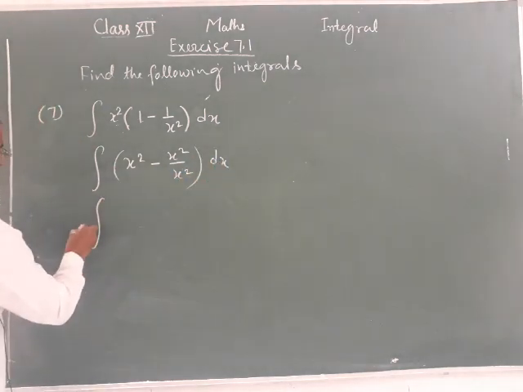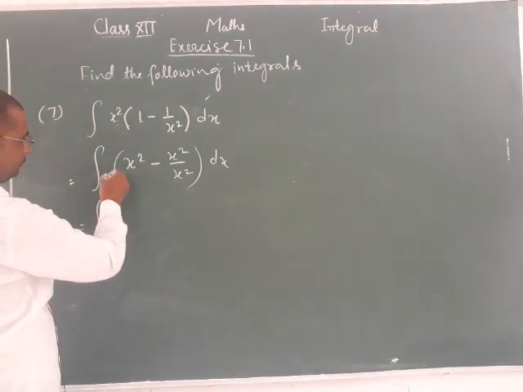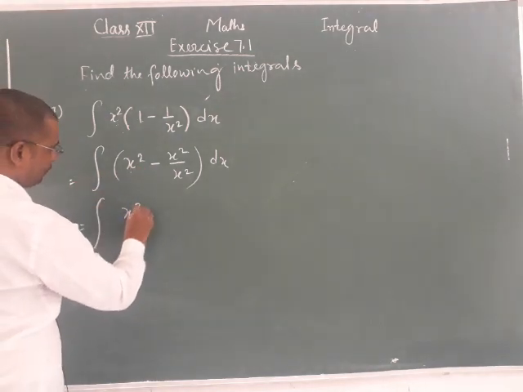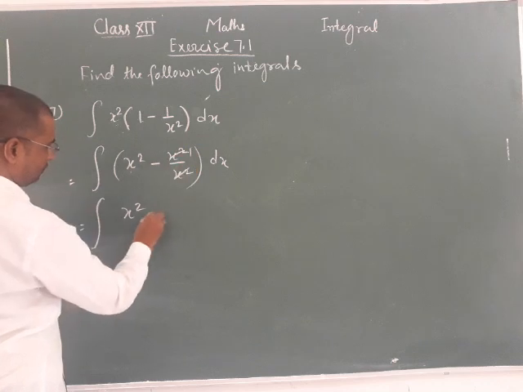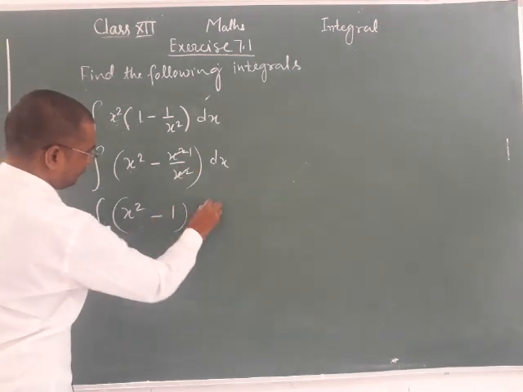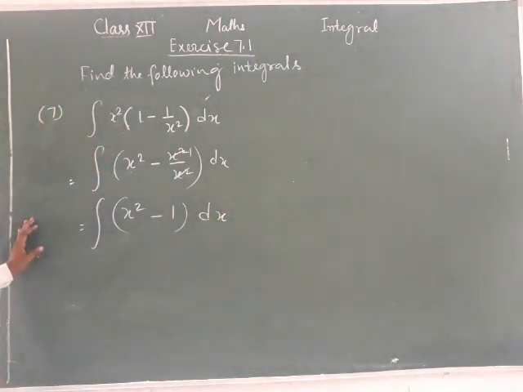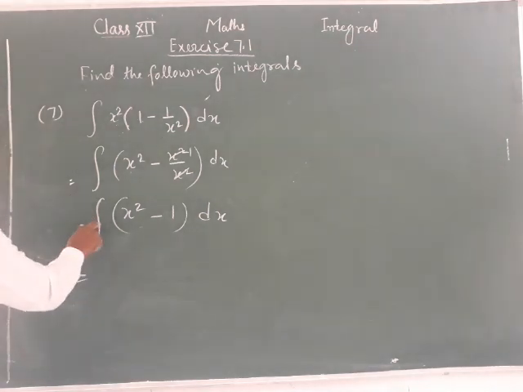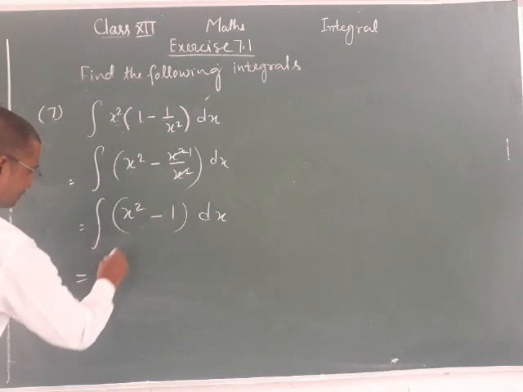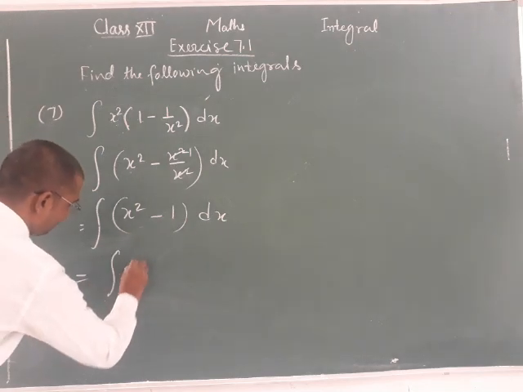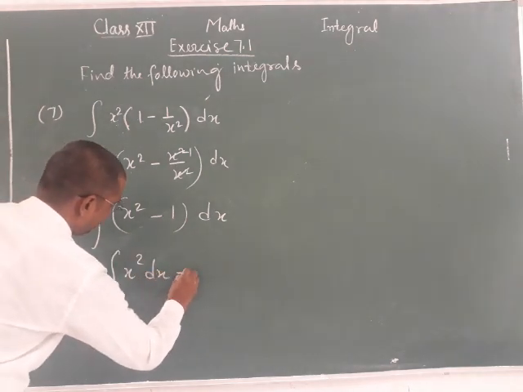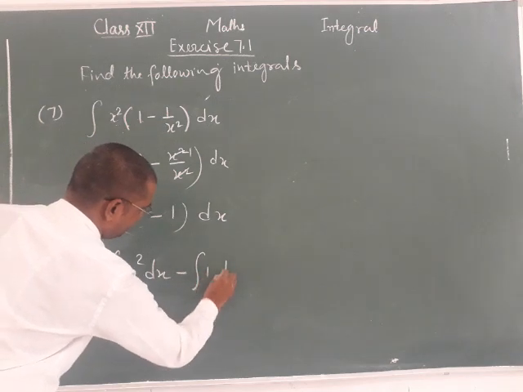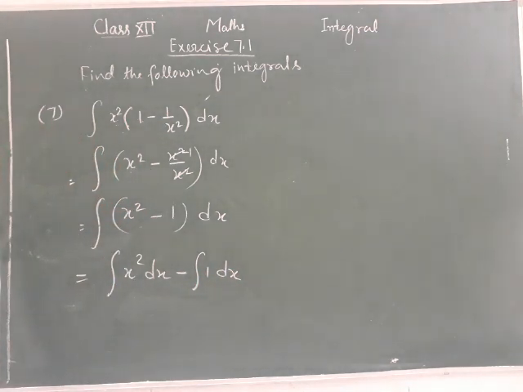So now x square cancels out, minus 1 dx. So multiply integral and dx in this function. So integration of x power 2 dx minus integration of 1 dx.